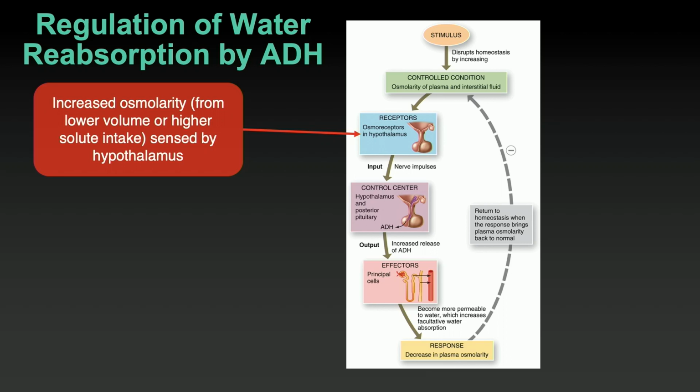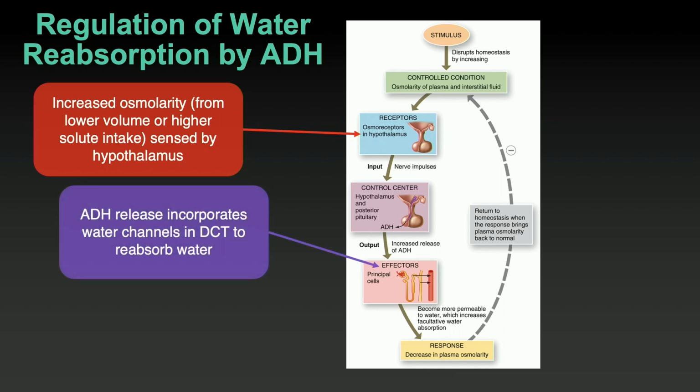So the hypothalamus senses blood osmolality. If it goes up, if it gets more concentrated, it's not a good thing. We want to maintain a stable concentration always. So the hypothalamus senses osmolarity directly. If it goes up, that's a signal to institute a change and correct that high osmolarity. So ADH is released, travels to the distal convoluted tubule, where it promotes the aquaporins to insert in the principal cells.